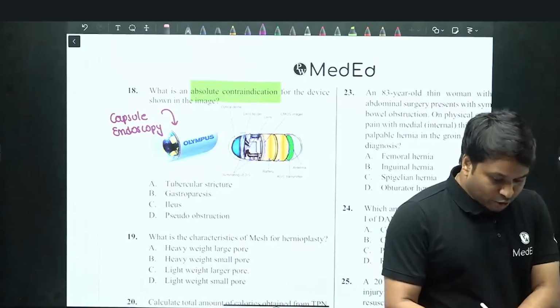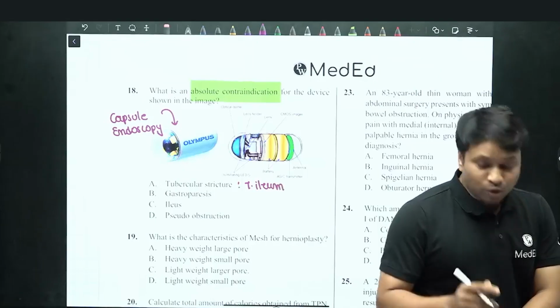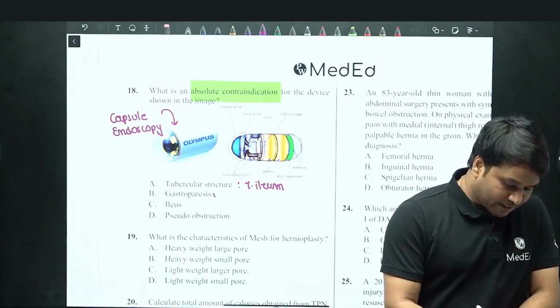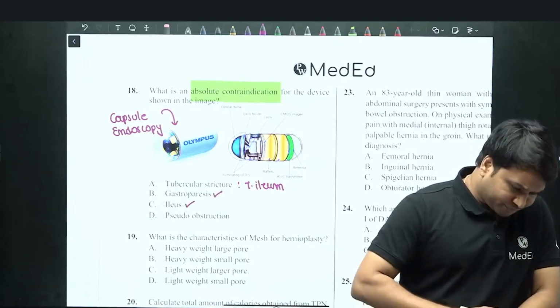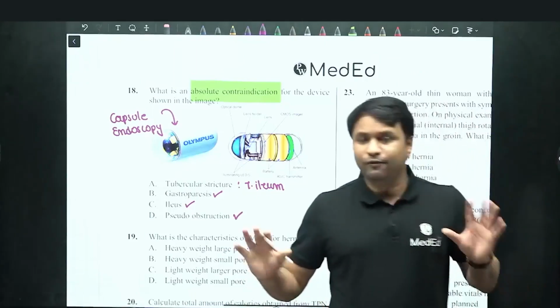Simple concept. A tubercular stricture present in the terminal ileum won't allow the capsule to pass, so I will not be doing it. For gastric paresis, I can do it. For ileus, because it will resolve. See, gastric paresis and ileus are also contraindications. All four are contraindications.